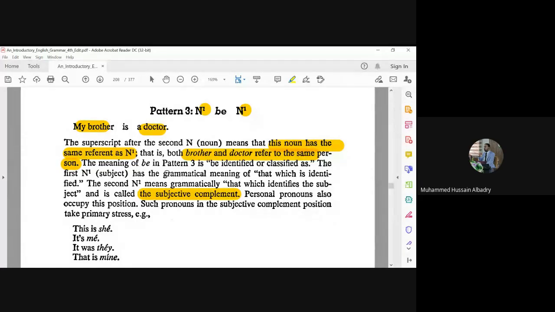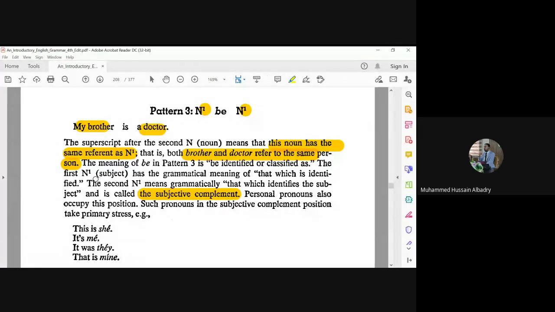The meaning of be in pattern 3 is what? Is be identified or classified. Okay, identify or classified. يعني my brother is classified as a doctor. Or identify يعرف يحدد. شنو my brother يعرف على أنه كدكتور. واضح شفت شلون معناته be identified or classified.